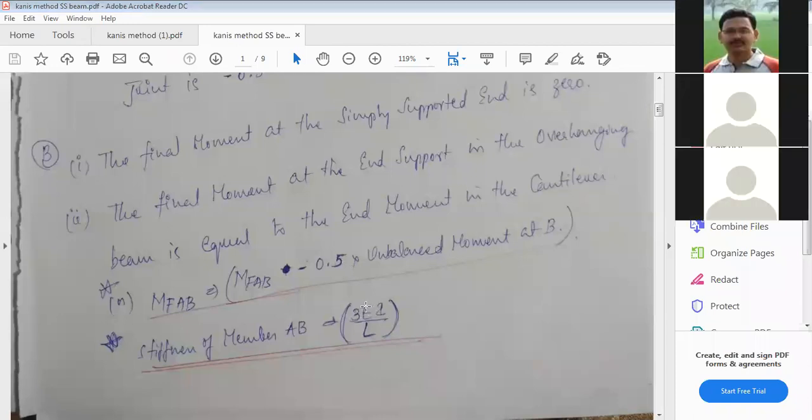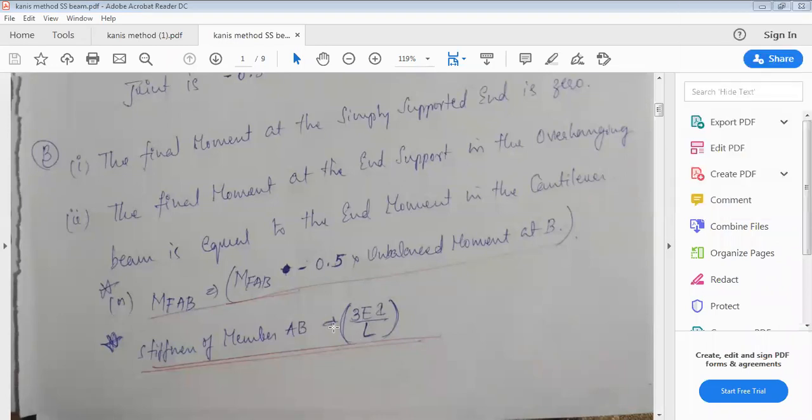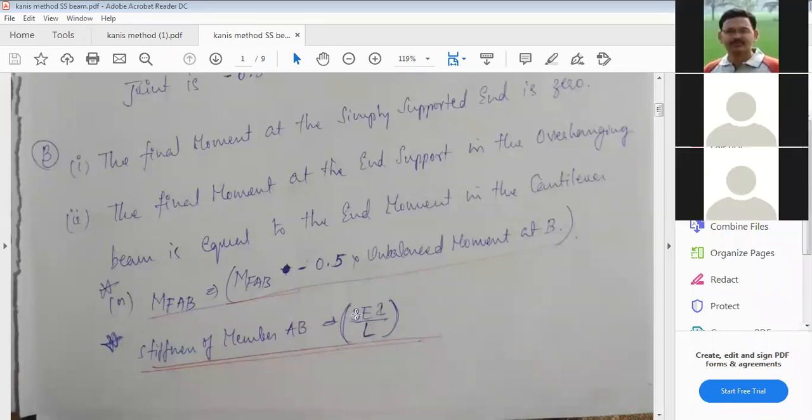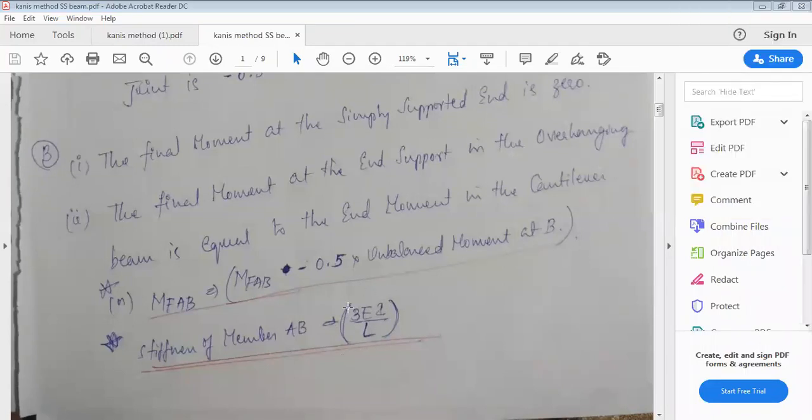So previously we had the stiffness value as EI by L only, but here because we have a simply supported end, you will have 3 times EI by L. This I gave in the formula on the first day itself. If the far end is fixed you will have EI by L, whereas if the far end is hinged you will have 3 times EI by L. This concept I explained in the first class only. You have to remember this. For simply supported, it will be 3EI by L. While calculating the rotation factor, I will again remind you of this value 3.